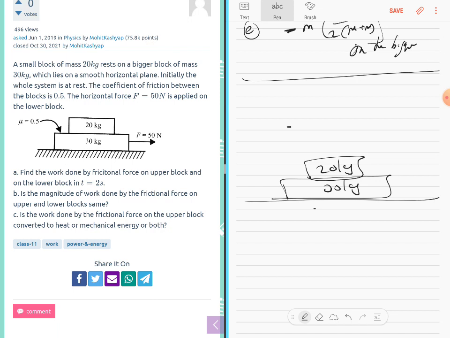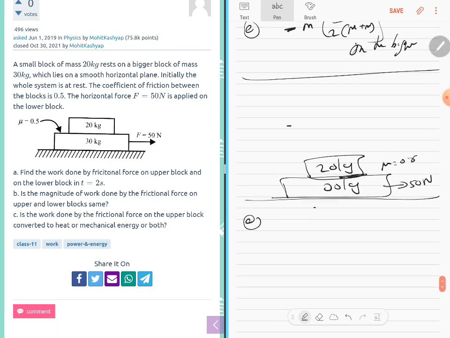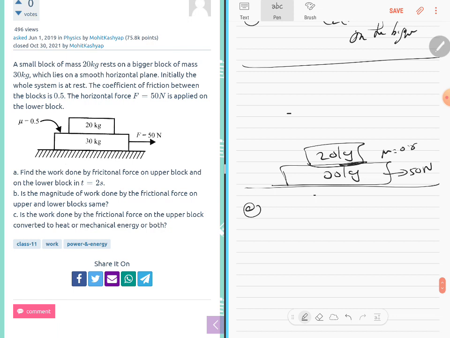The coefficient of friction between the blocks is 0.5, and a horizontal force of 50 Newton is applied on the lower block. Now A, find the work done by the frictional force on the upper block and on the lower block in time t equal to 2 seconds.